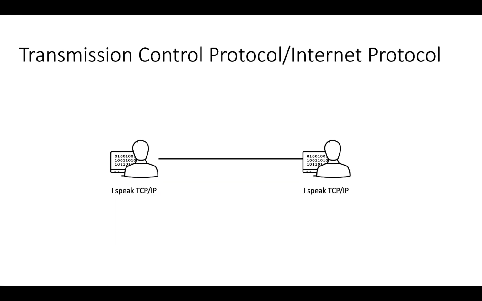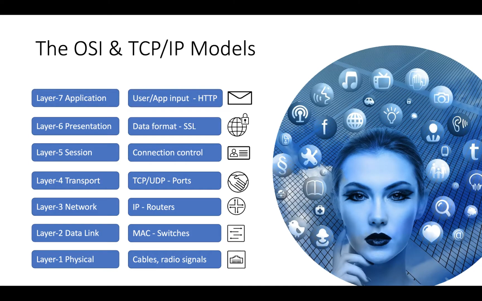The Transmission Control Protocol Internet Protocol, TCP/IP, is the shared language or network protocol of modern systems. The TCP/IP model maps to the OSI model. The network access layer of the TCP/IP model, sometimes called the network interface layer, maps to layers 1 and 2 of the OSI model.